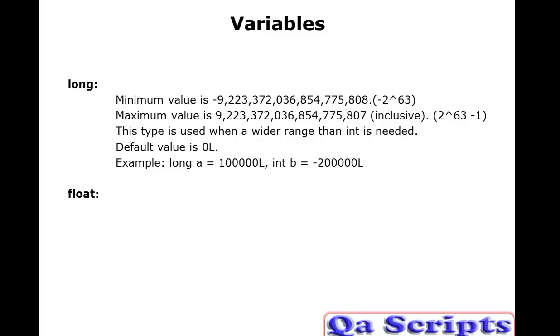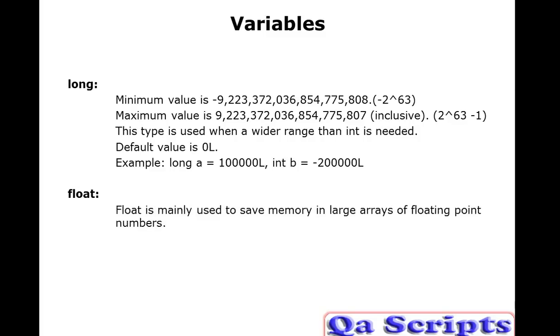Then comes float. Float is mainly used to save memory in large arrays of floating numbers. Default value is 0.0. Here we can assign fractional numbers as well.